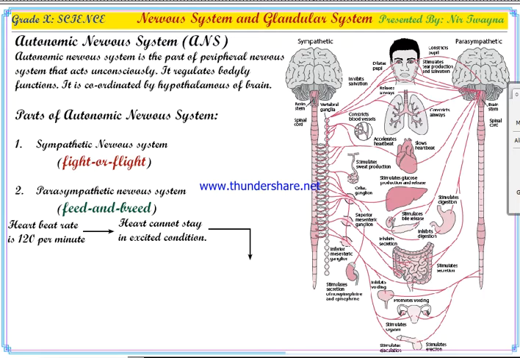And that part of the brain is included in the parasympathetic nervous system of the ANS, the autonomic nervous system. That part of the brain lowers the heartbeat when the dangerous situation is over.